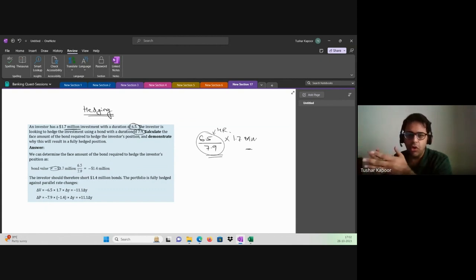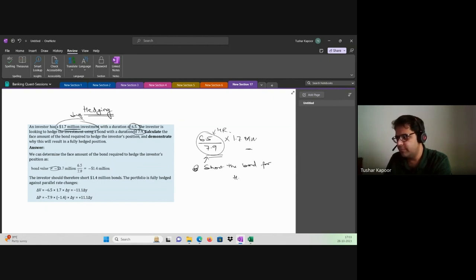So if you're long on one bond, if you already have this as a long position, you'll have to hedge it by whatever you're using as a hedging instrument. You'll have to short, and especially if it's a bond. So short the bond for hedging. This bond that he's talking about for hedging, he'll have to short it. The investor should therefore short 1.4 million worth of bonds.